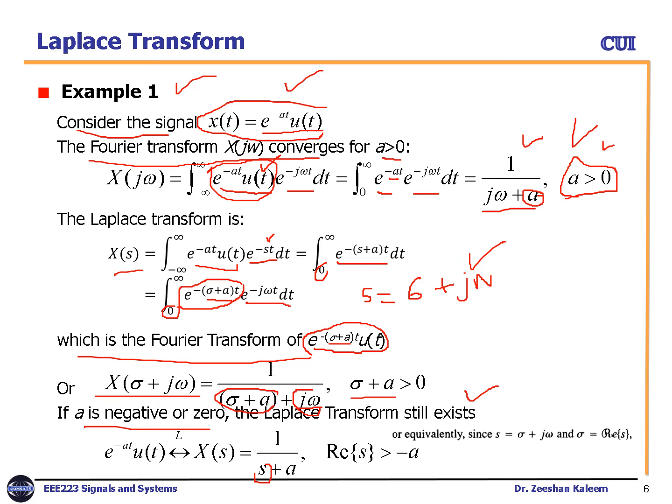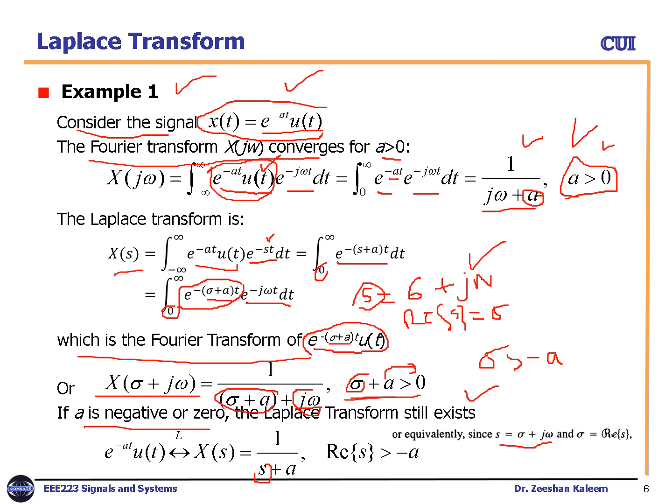And if you keep sigma here and rewrite this equation, sigma plus a is greater than 0, it is similar: when you move a to this side, it becomes minus. So sigma is greater than minus a. Where sigma, you know, is the real part of s. So the real part of s is equivalent to sigma, as I discussed here.